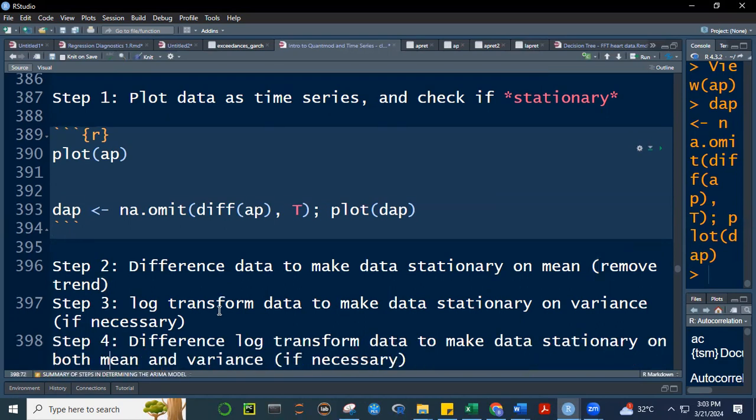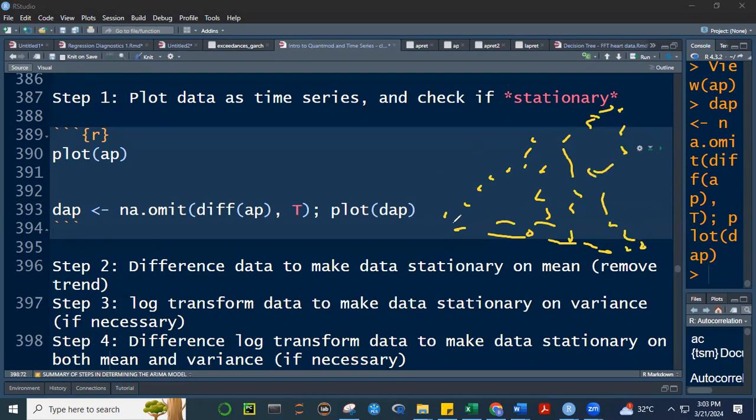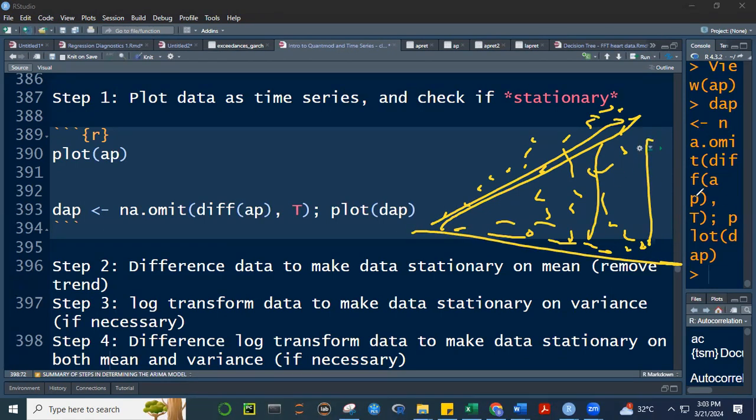However, if the data was showing some non-constancy in variance, which means that the data seems to be behaving this way, this is a data set where the variance is not constant across time.